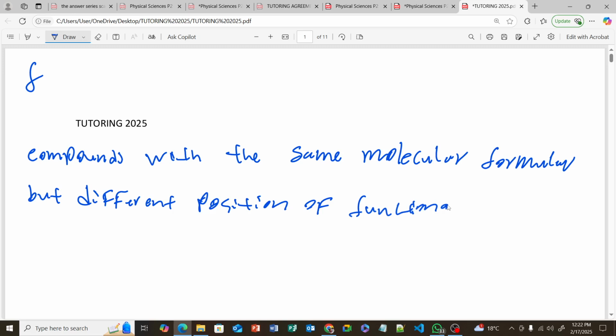Functional group, the alkyl group, which is the branch, and what? A different position of the functional group, the alkyl group, on the parent chain or the main chain.